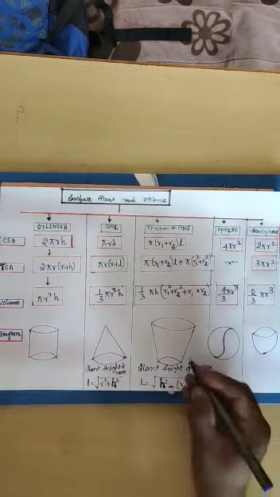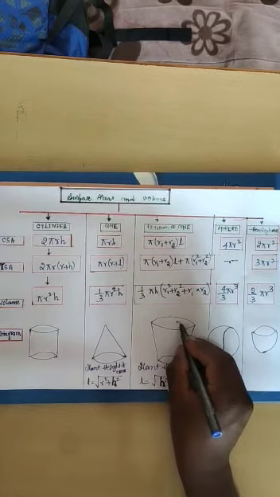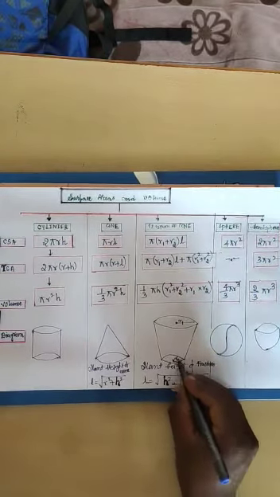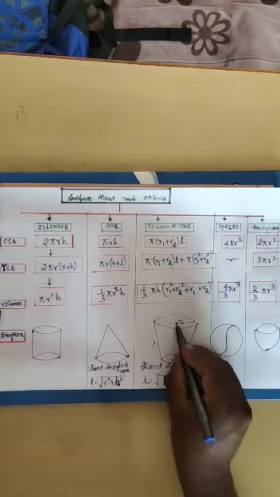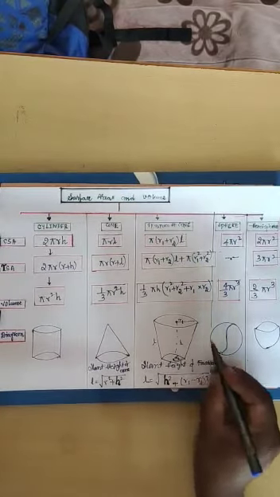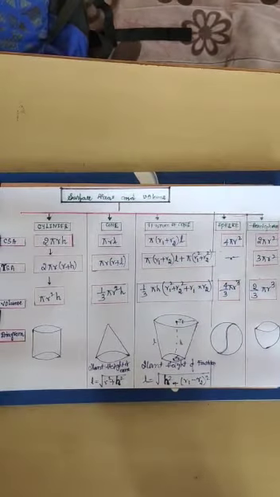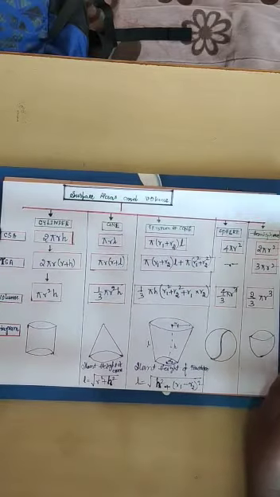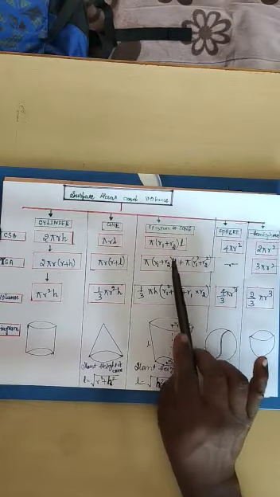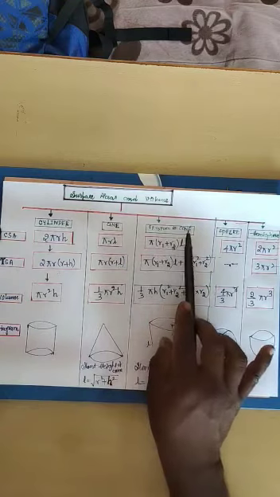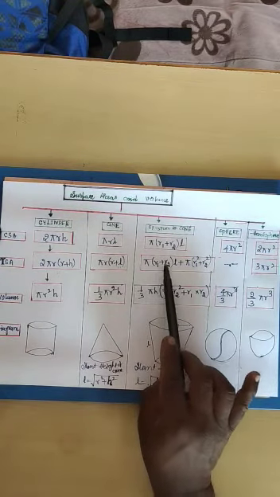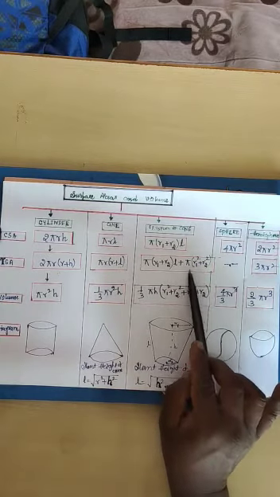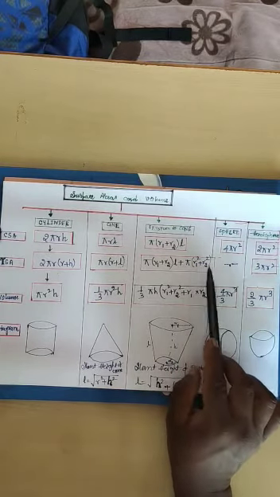This is r1, and this is r2, this is the slant height, and this is the height. So the curved surface area of a frustum of a cone is pi into (r1 plus r2) into l, and the total surface area is pi into (r1 plus r2) into l plus pi into (r1 square plus r2 square), right?